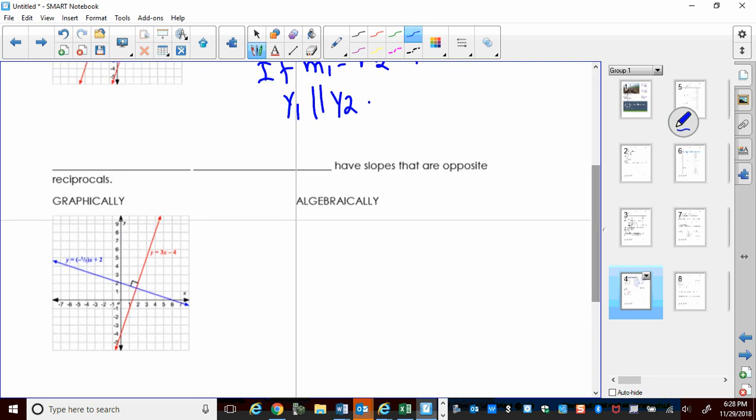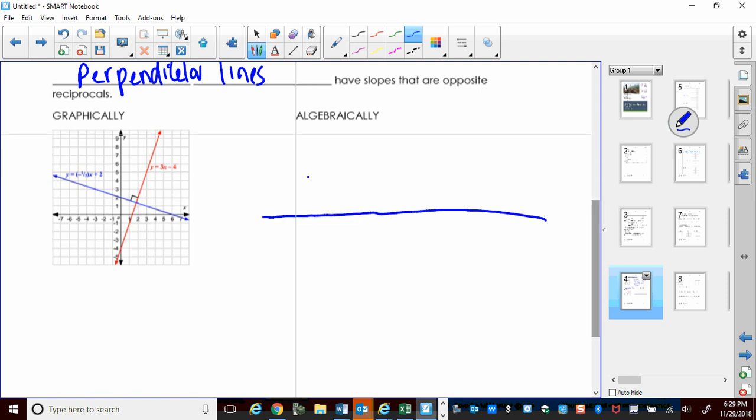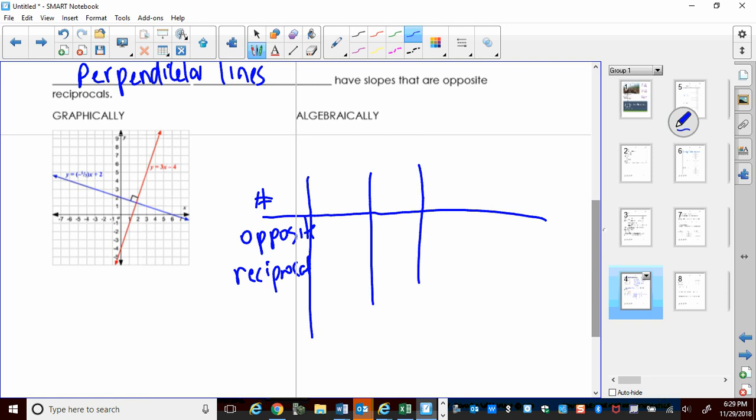Now, similarly, for perpendicular lines, they have slopes that are opposite reciprocals. So let's first look at what opposite reciprocals look like. Let's say I have a number, and we're talking about slopes here.